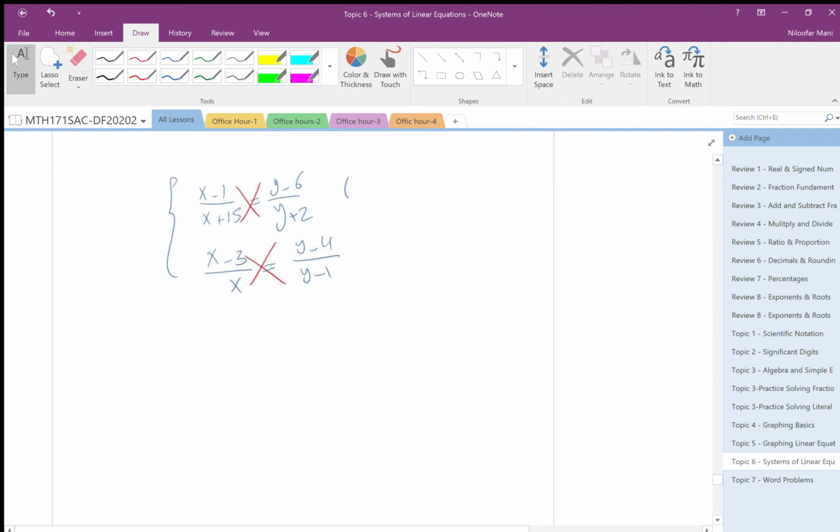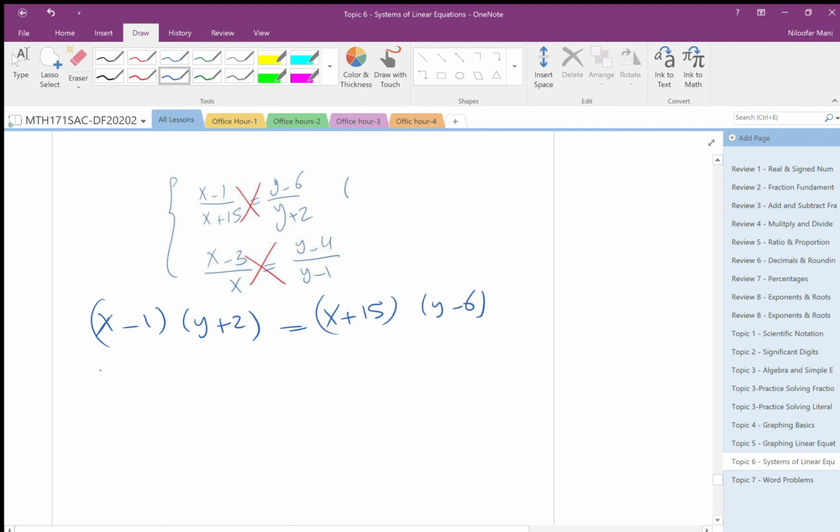Look at this. When you see this question, it's totally the same as the previous one, but more work. So what do you do? You do cross multiplication. When you do cross multiplication, you just have to simplify. So you do x minus 1 multiply y plus 2. You do x plus 15 multiply y minus 6.